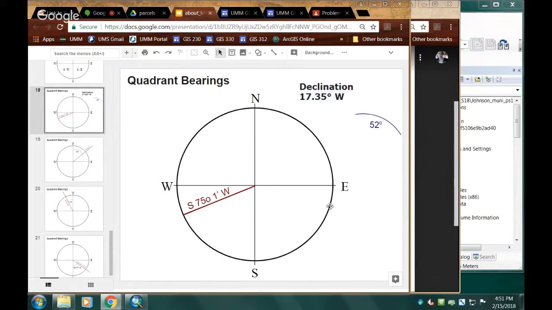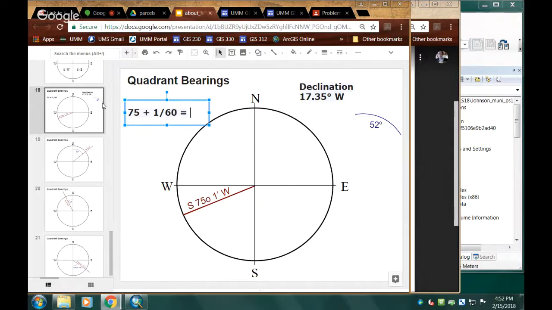Well, let's do it the easy way first, and that is to convert this to decimal degrees. So that's 75 degrees plus 1/60th of a degree.